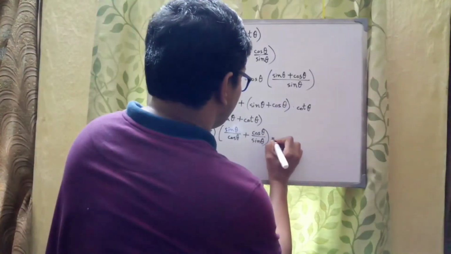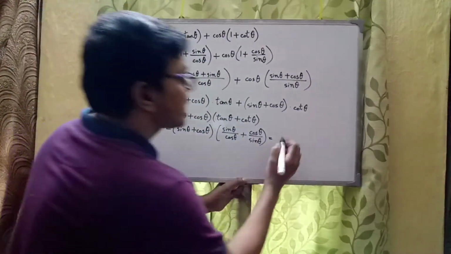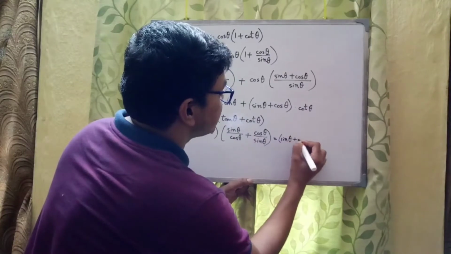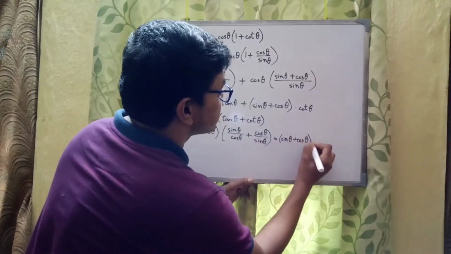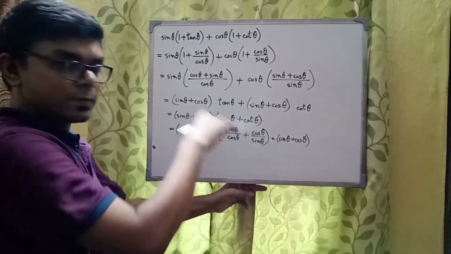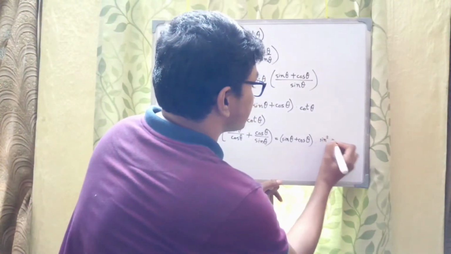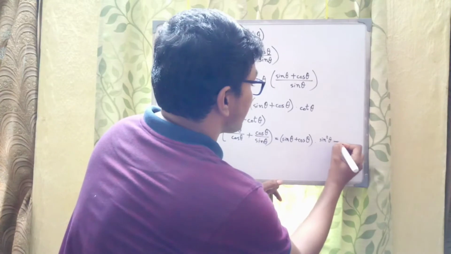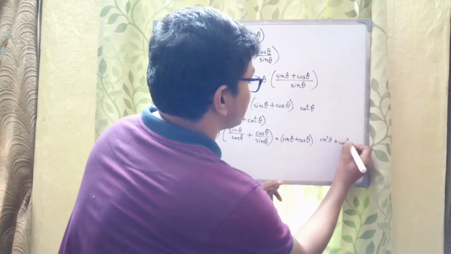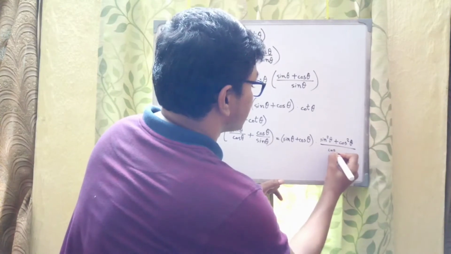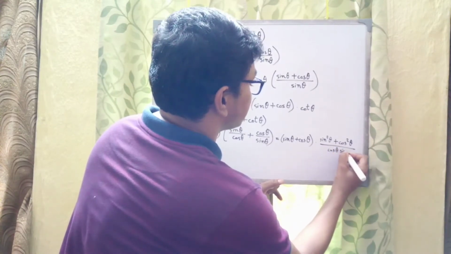So we see that the first factor is kept as it is because nothing can be done with it now. So we write sine theta plus cos theta over here, and again we do this fractional addition. That would give us sine squared theta plus cos squared theta by cos theta sine theta.